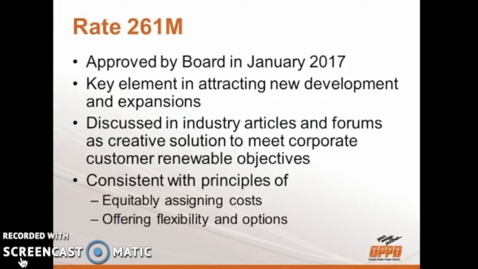It's consistent with the principles of equitable assignment of cost and full recovery from those customer classes, and it offers flexibility and options. The last two principles are to be simple and easy to understand and to encourage demand reduction and energy efficiency.